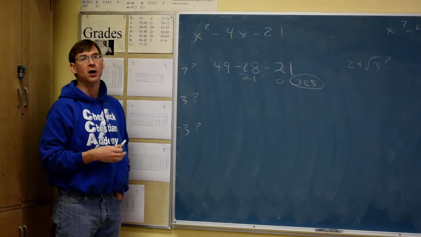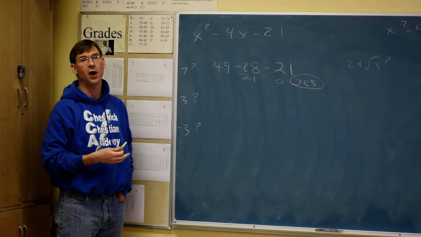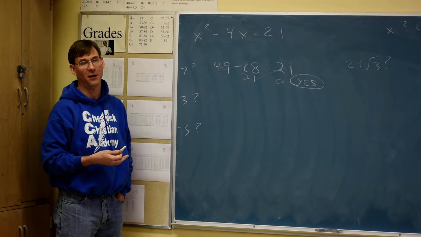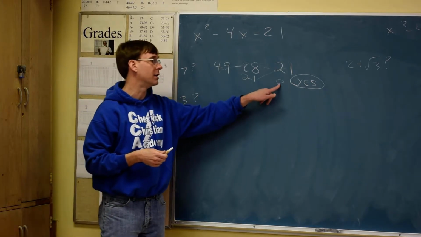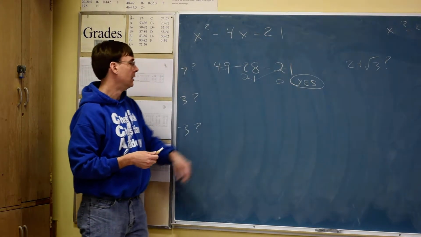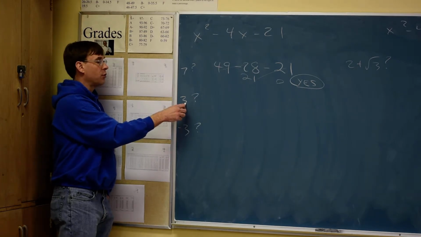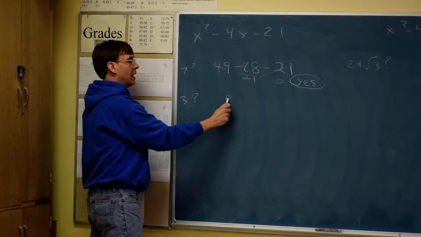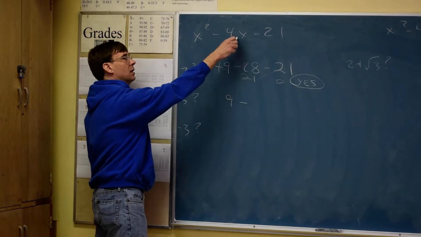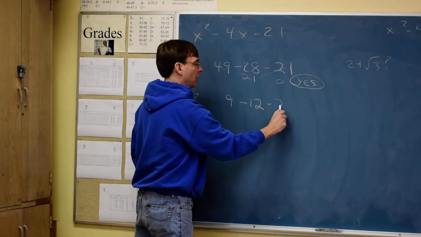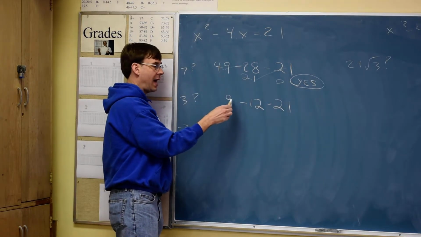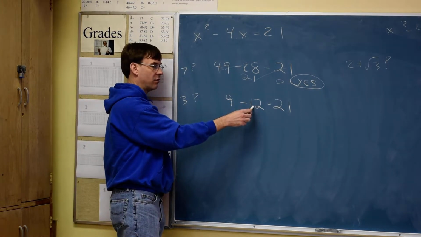Do not turn in a paper with only yes, no on it. That would be a waste of your time because I will not acknowledge you as having done the homework. Show a little bit of the work to show whether you did or didn't get 0. If I wanted to check 3, 3 squared is 9, minus 4 times 3 is 12, minus 21. 9 minus 12 is negative 3.